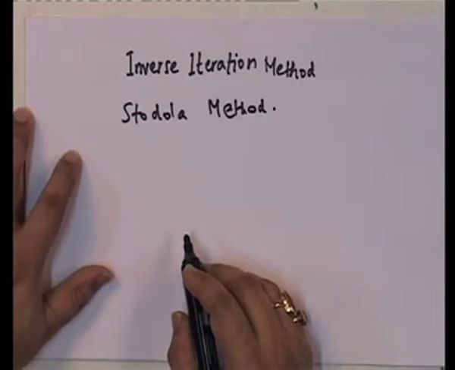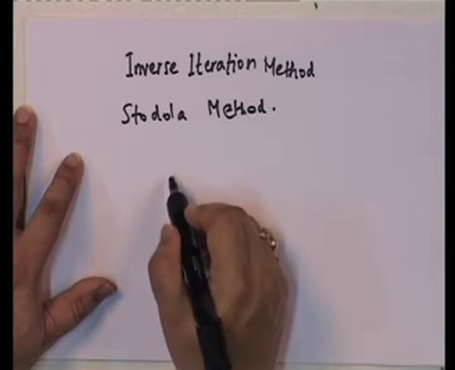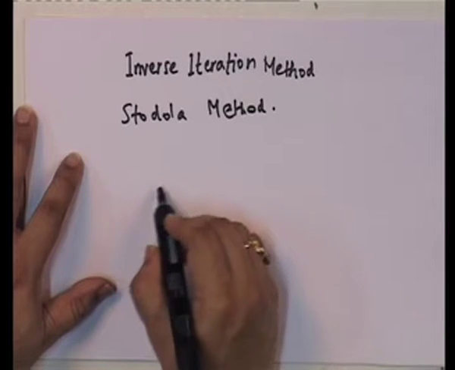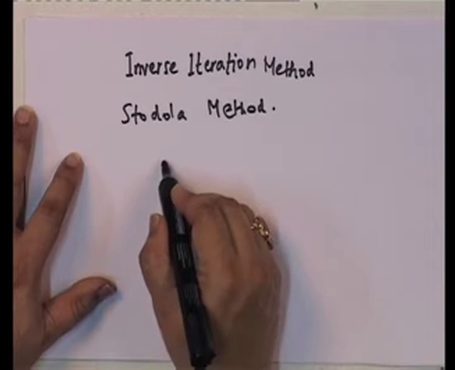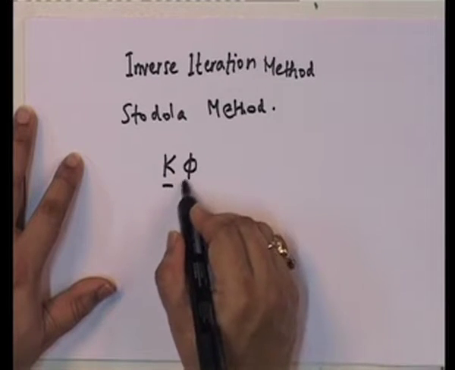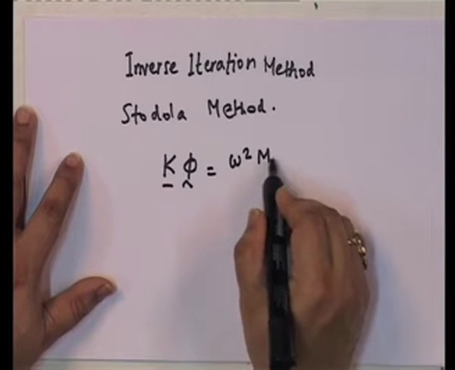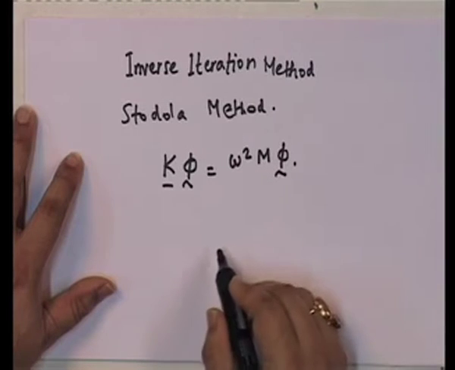Where did this method start? The method started from the fact that the problem becomes k phi is equal to omega squared m phi.